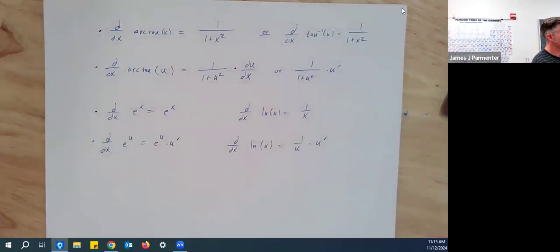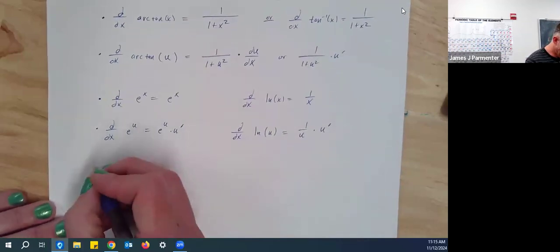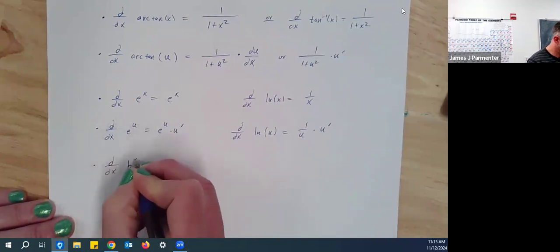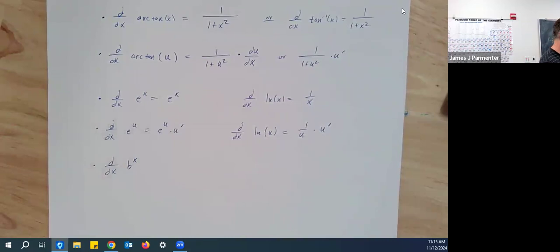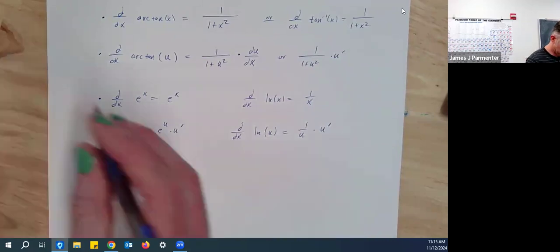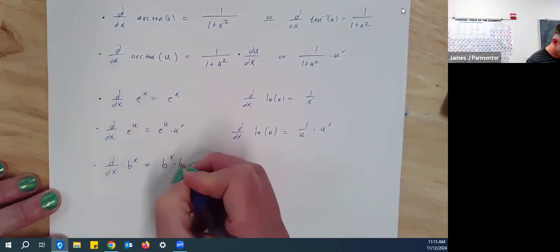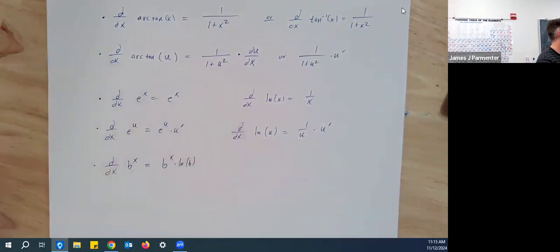And then we have the versions with different bases. We'll say it and then maybe do an example. The derivative of b to the x, where b is a positive base, is equal to b to the x times the natural log of b.